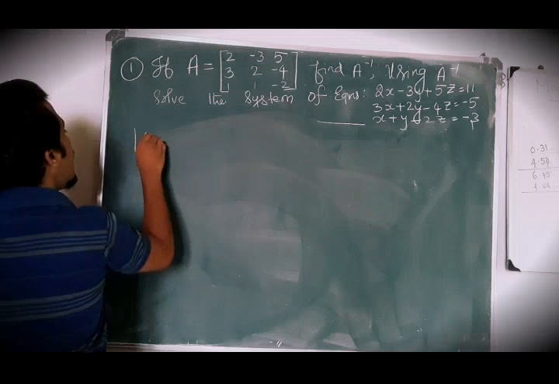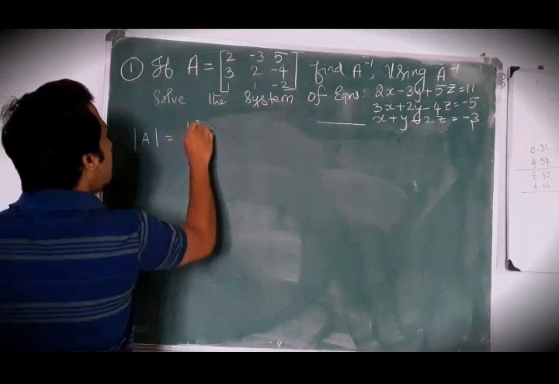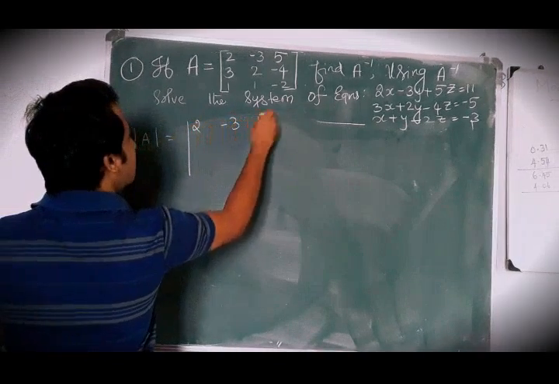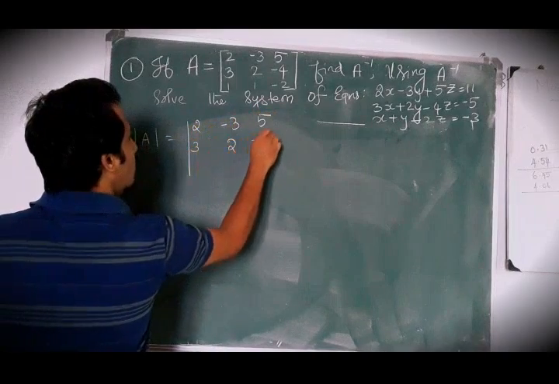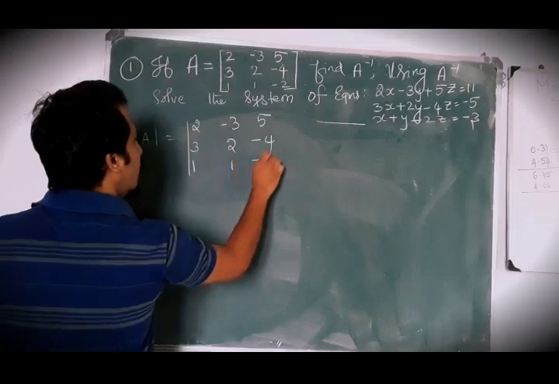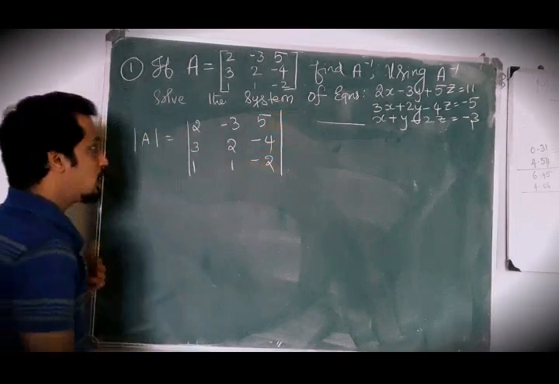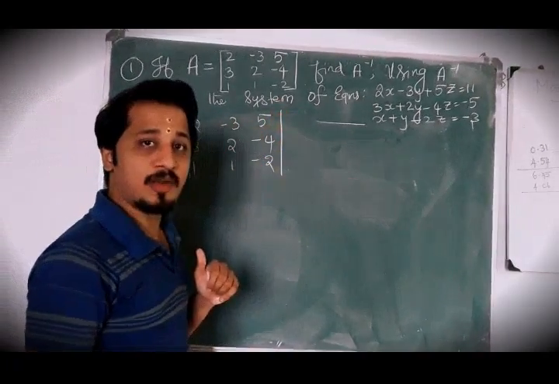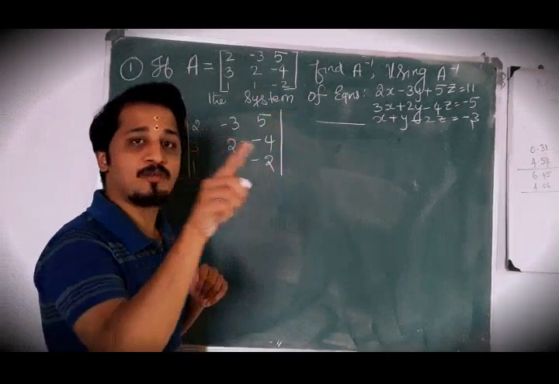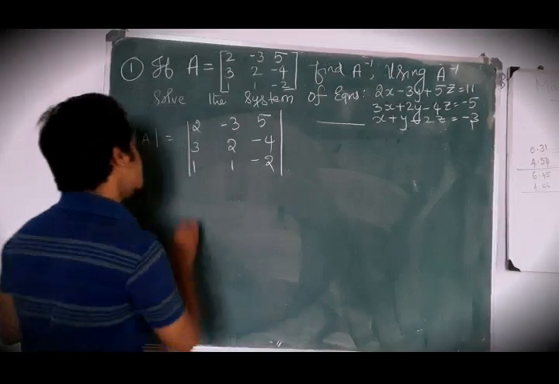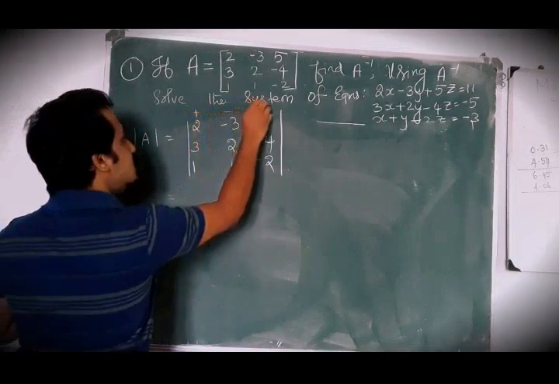So determinant A is equal to the determinant of [2, -3, 5; 3, 2, -4; 1, 1, -2]. It is a 3 by 3 matrix. How to find the determinant? Expanding with respect to the first row, with alternating signs plus, minus, plus.